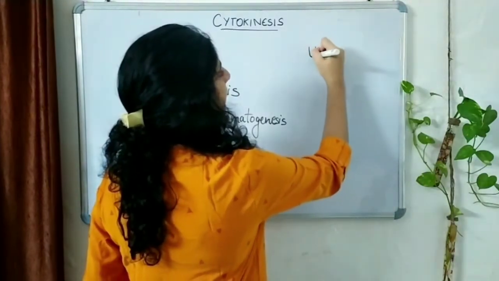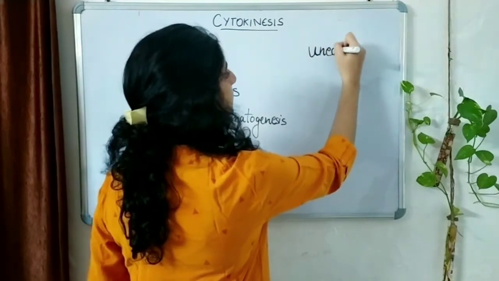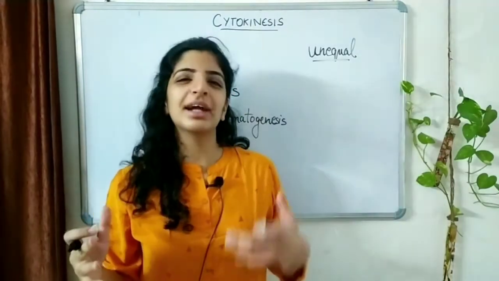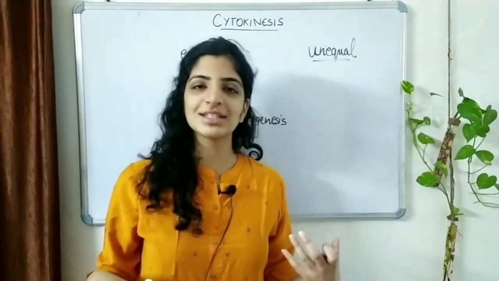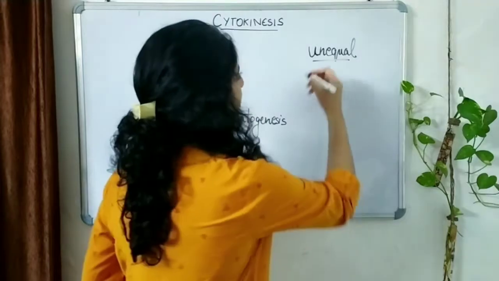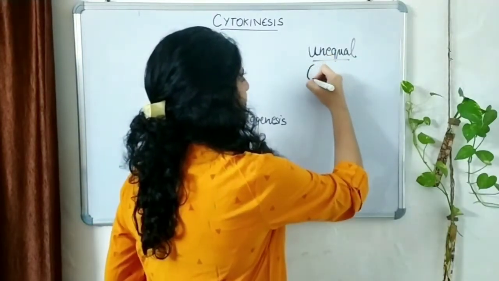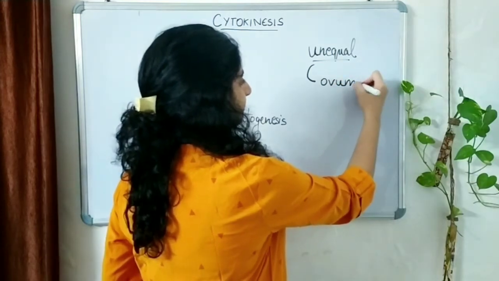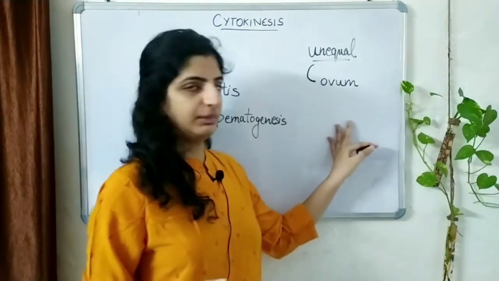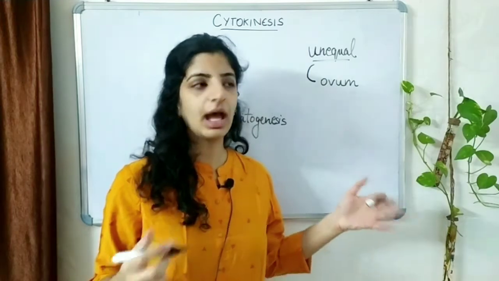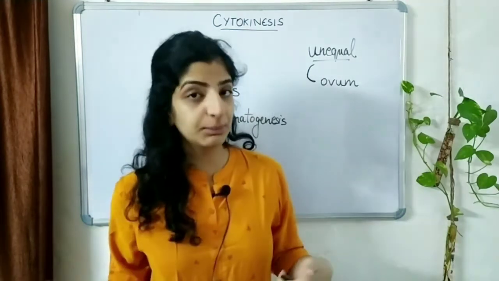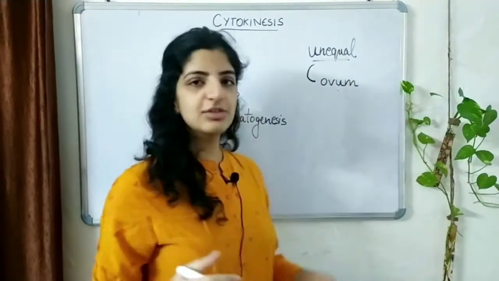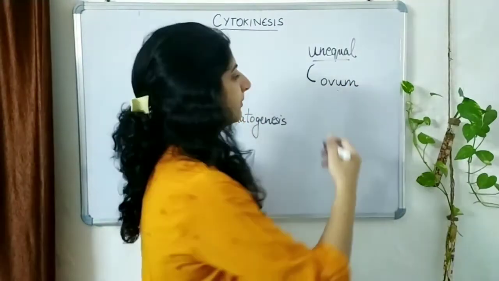However, in unequal cytokinesis, the cell content is divided unequally between the two daughter cells. A very good example of this is the formation of the ovum. In a female, when an ovum is formed, as you'll study when we talk about reproduction, the daughter cells do not receive an equal amount of cytoplasm.